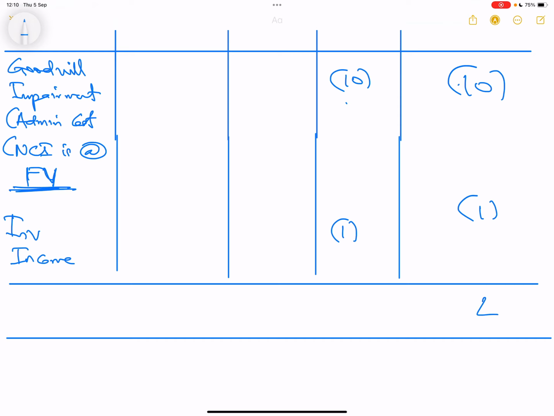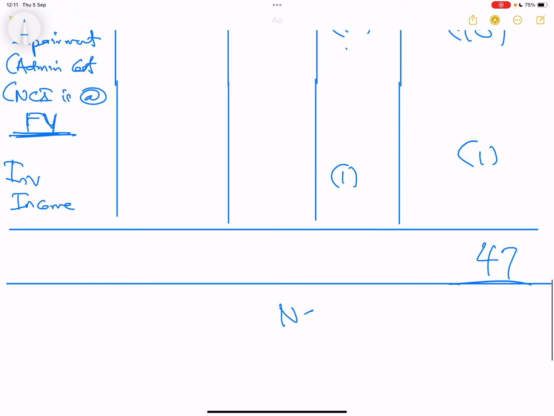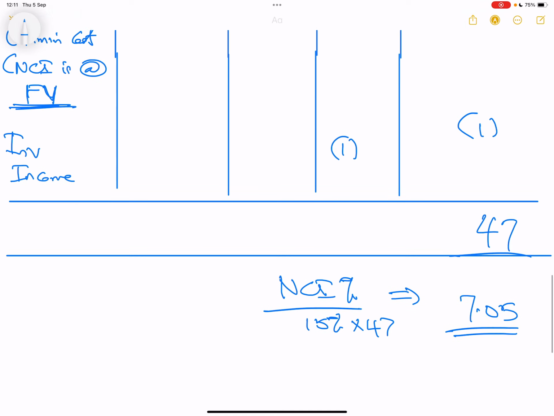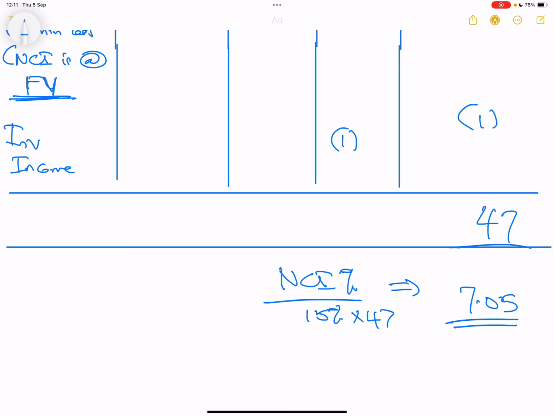So we're going to have adjusted profit of 47 for this subsidiary, and in that case you can get the NCI percentage. Let's say if NCI is 15%, then 15% times 47, and that's 7.05.